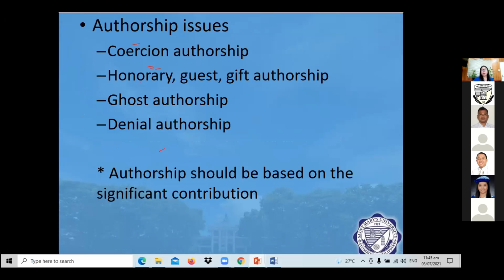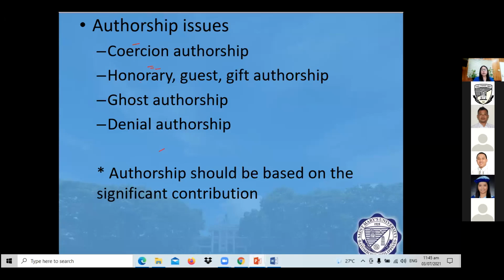Okay, so just a selected few issues, because of course we do have just a little time. For authorship issues, we have what we call coercion authorship. So this is using coercion so that you will be placed as author. There is also what we call honorary, guest or gift authorship.